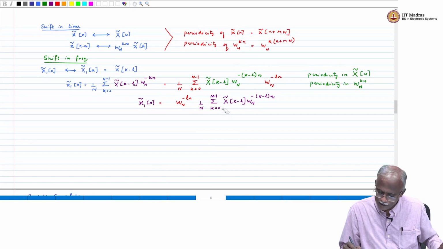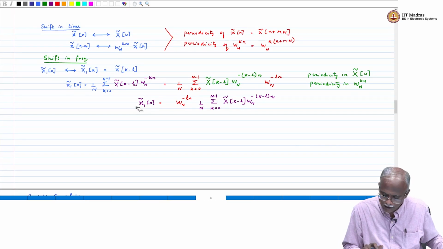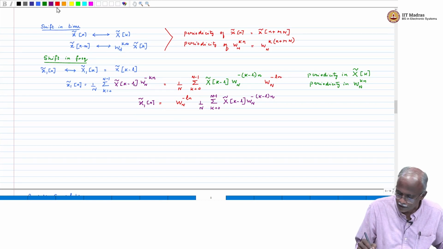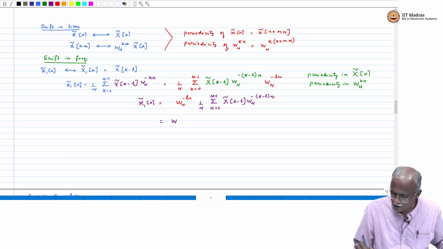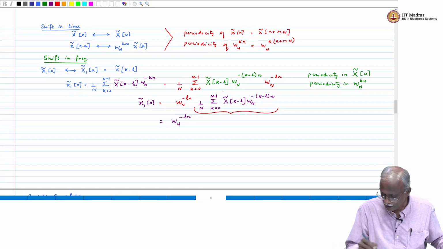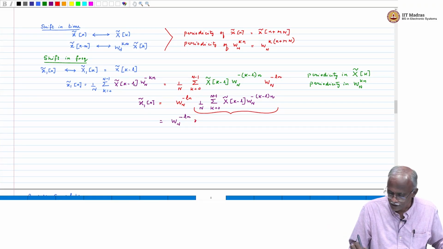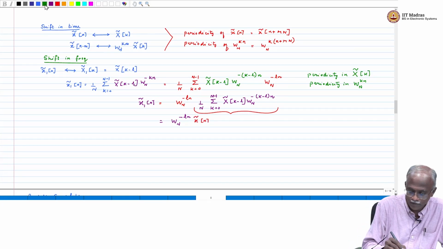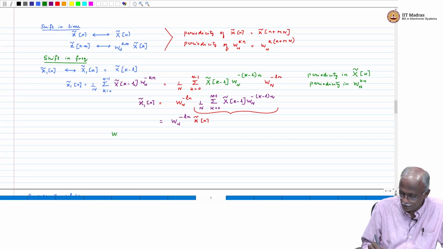This expression is the synthesis equation, so this is x tilde of n. So the result that we have is W_N^{-Ln} x tilde of n.